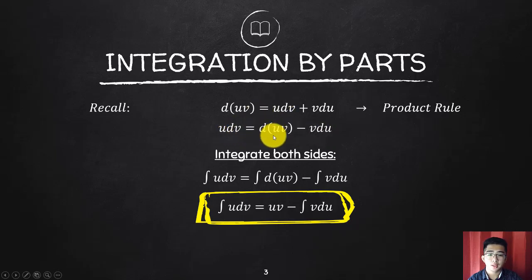If we integrate both sides, integrating u dv is equal to the integral of the differential of uv, which of course is uv, minus the integral of v du. This is the basic formula or pattern that we're going to follow to solve problems in integration by parts.